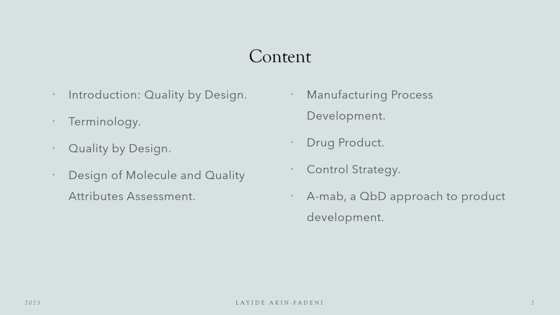I'm going to talk about manufacturing process development, upstream and downstream manufacture, the drug product itself, some control strategies, and then I'm going to talk about this case study of the AMAB. So this is the monoclonal antibody example where we have a quality by design approach to product development.